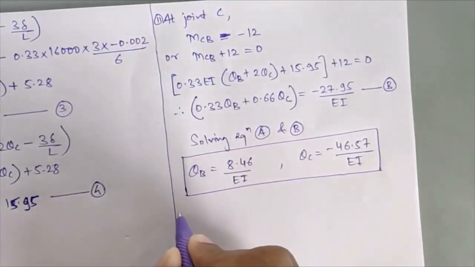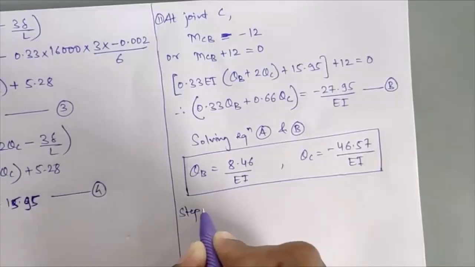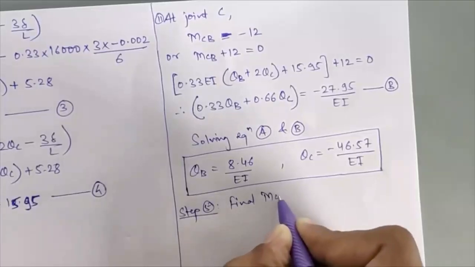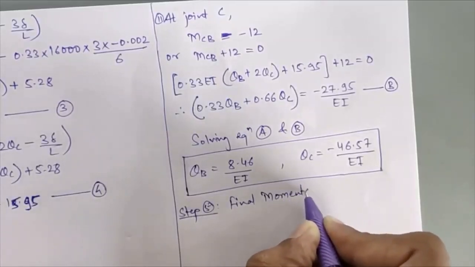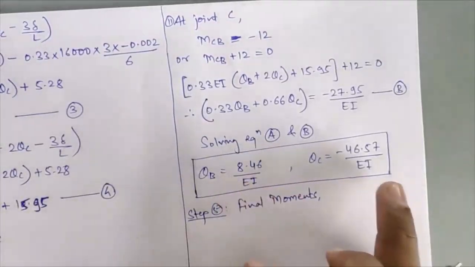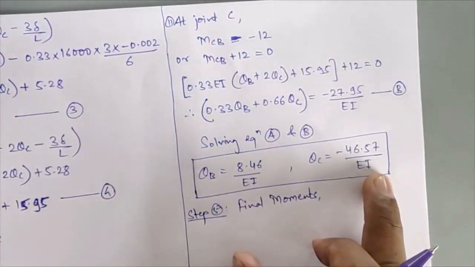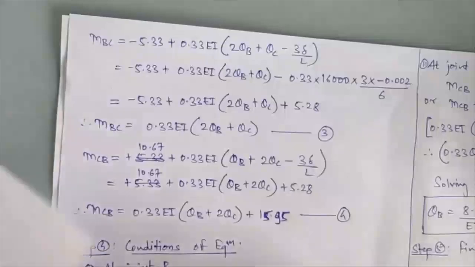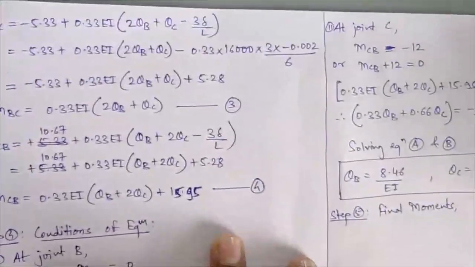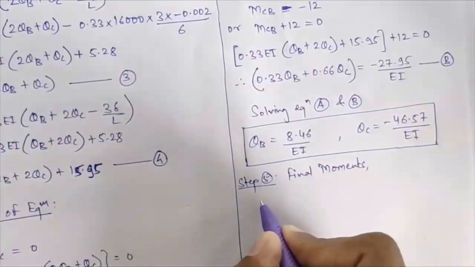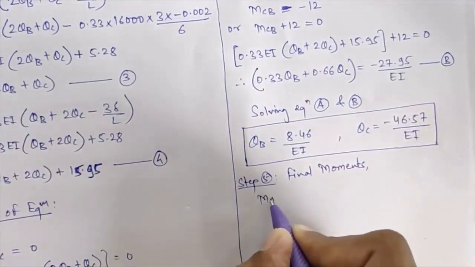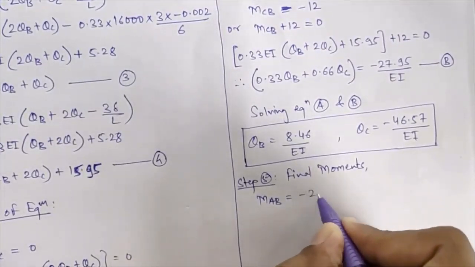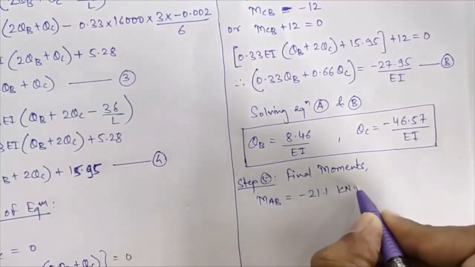Then we'll move to our last step, step number 5, to calculate the final moments. Simply substitute these theta B and theta C values in your four slope deflection equations, that is equation number 1, equation number 2, equation number 3 and 4. If you substitute these values properly and simplify, you'll get MAB equal to minus 21.1 kilonewton meter.